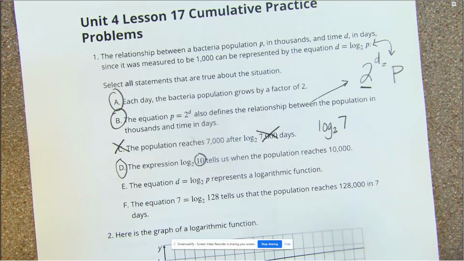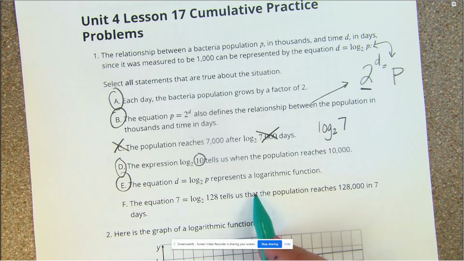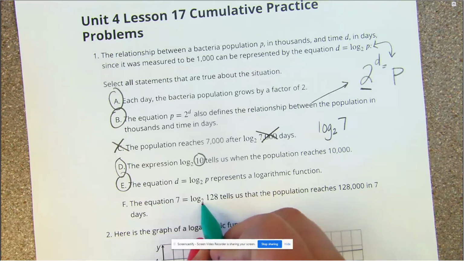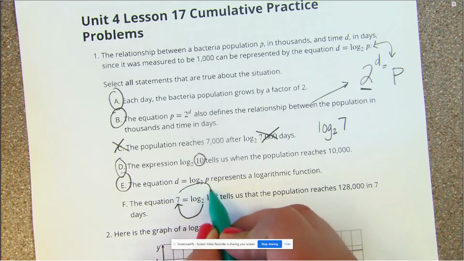Yes. E, the equation d equals log base 2 of p represents a logarithmic function. Yes, it's written as a log. On letter F, the equation 7 equals log base 2 of 128 tells us that the population reaches 128,000 in 7 days. Yes, this 2 to the d, 7 days, gives the population.